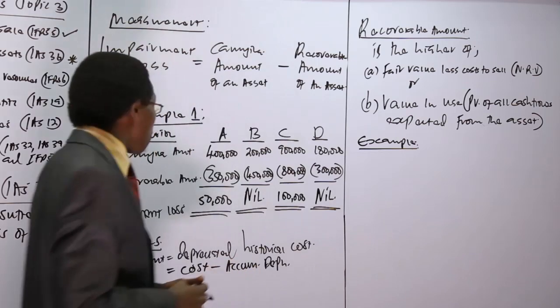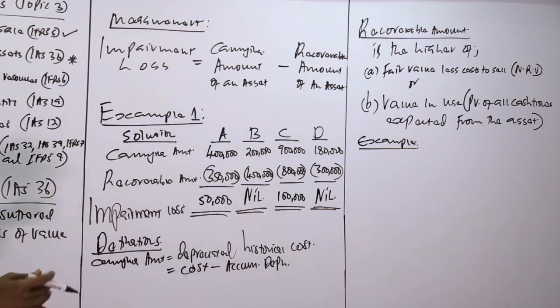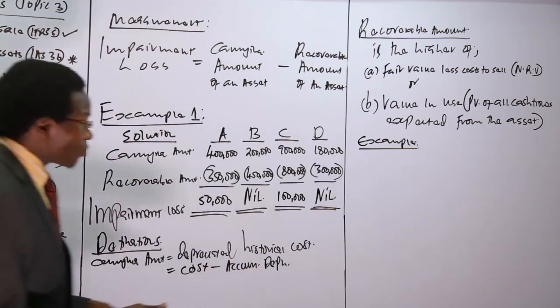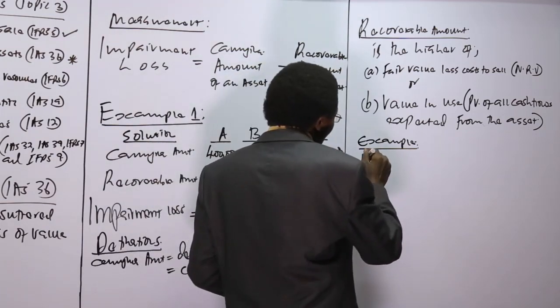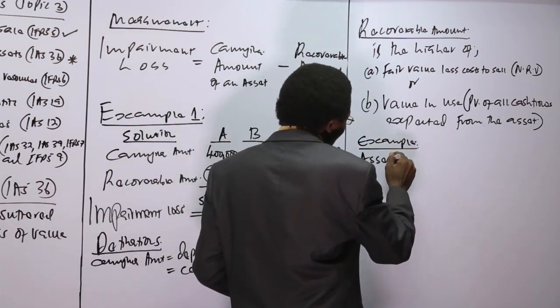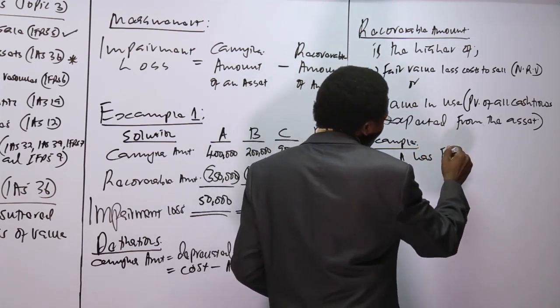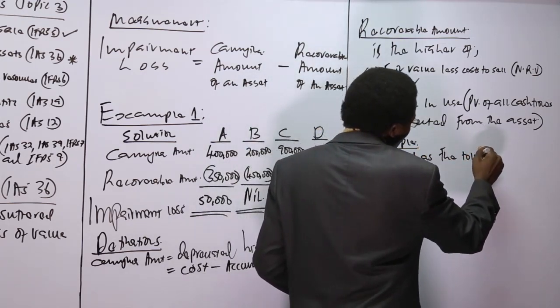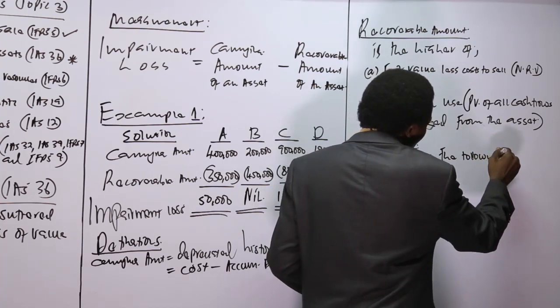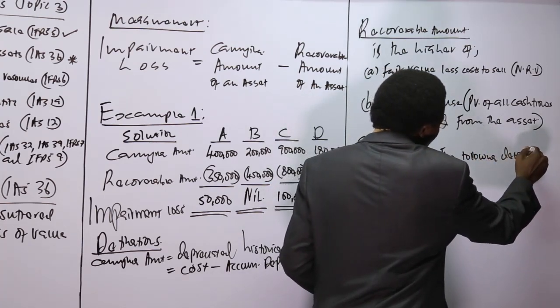A simple example of one asset. We say that asset A has the following details.